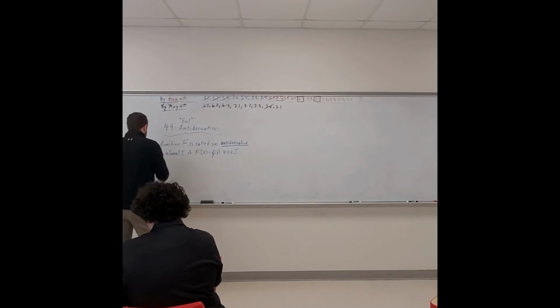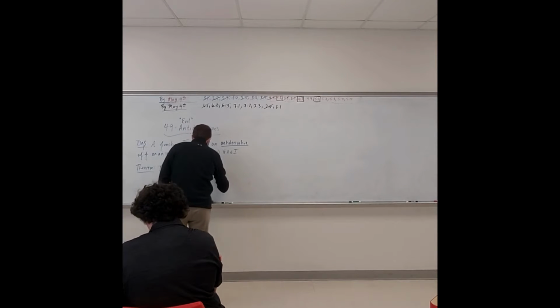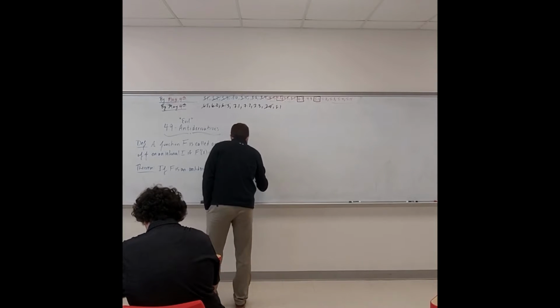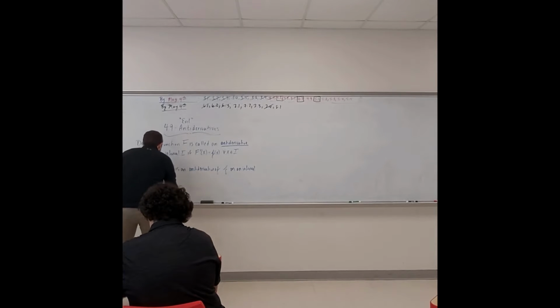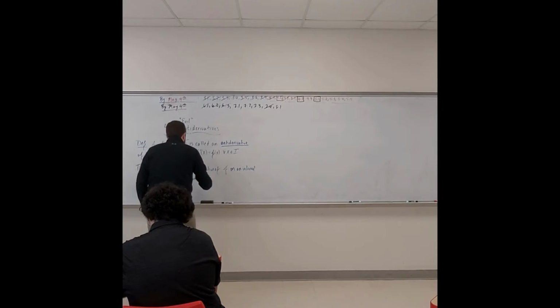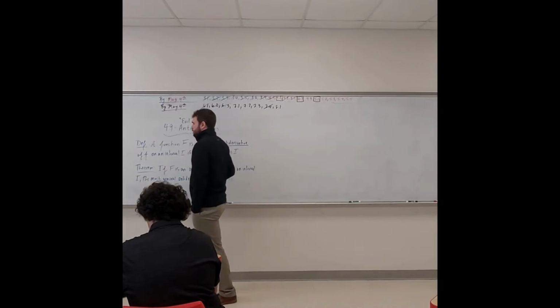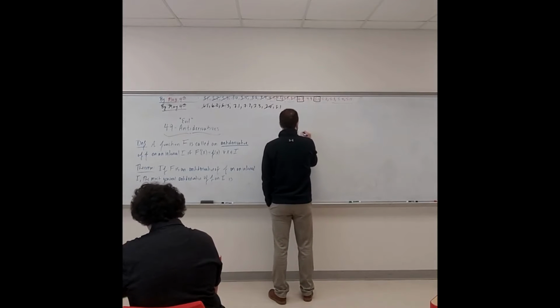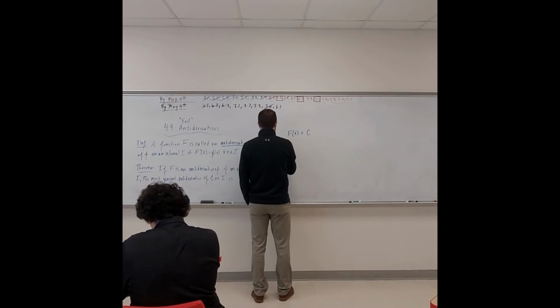if capital F is an antiderivative of little f on an interval I, the most general antiderivative of f on I is capital F of x plus an arbitrary constant c, where c is some real number.